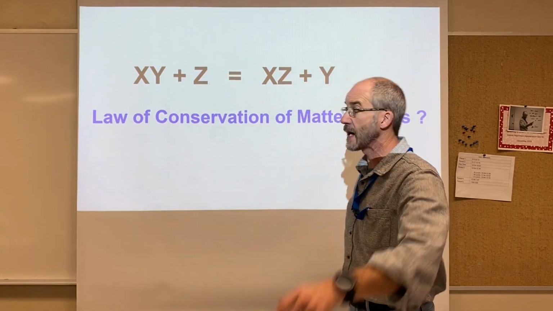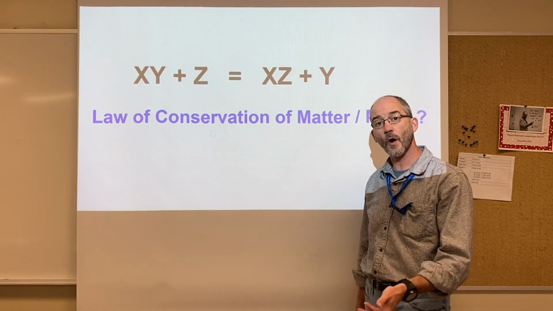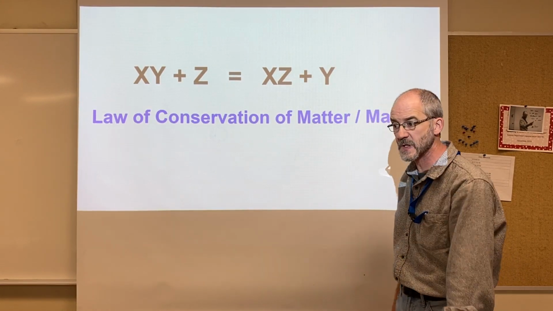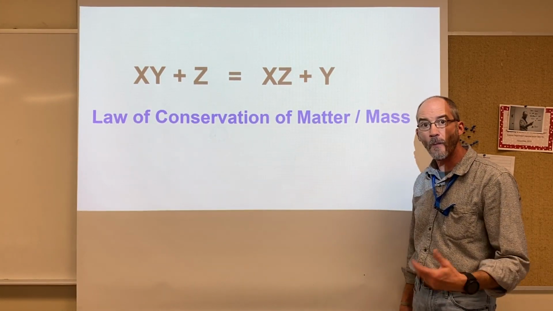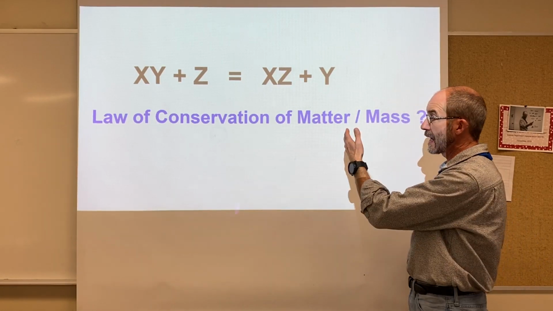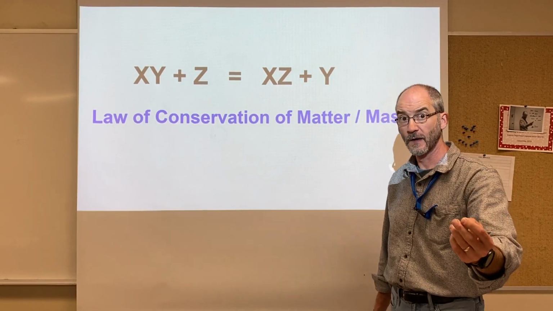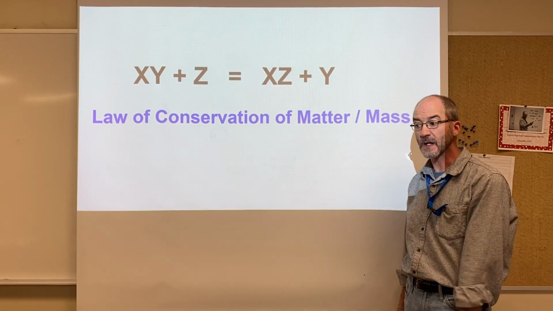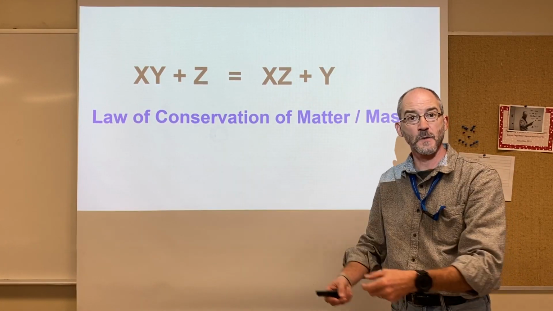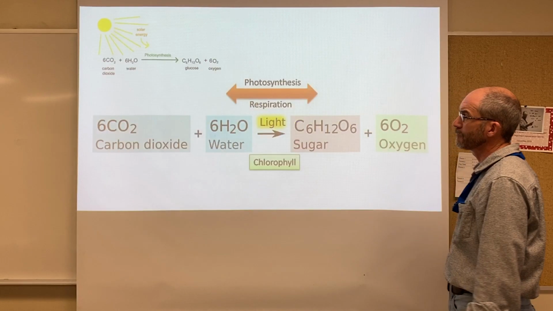If it's a chemical change, the products are going to be different, and that's the key hallmark feature of a chemical change. We're not going to have at the end what we had at the beginning, but we have to conserve the matter. It doesn't go poofy and disappear into nowhere land. That doesn't happen.